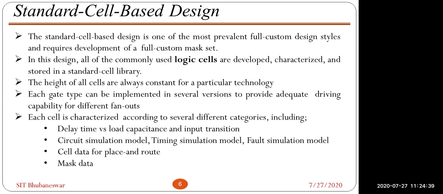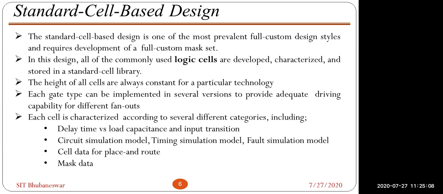For a standard cell, there is the physical view plus the timing information. Timing information means the input to output delay, that is propagation delay, the rise delay, fall delay, and the power consumption and leakage, all written in a format. It's a .lib file, the Liberty format. All are stored in the standard cell library.